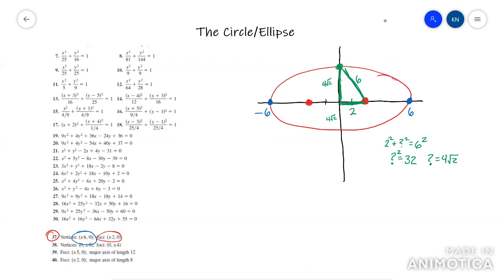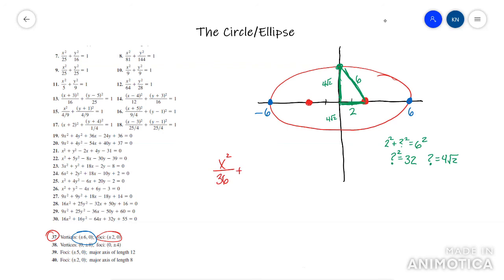All right, and so now you could write the equation for this. There's no shift on the x, so it's just x squared. It's horizontal, so my a goes under the x, and half the major axis length was 6. This right here was 6, so square that and you get 36.